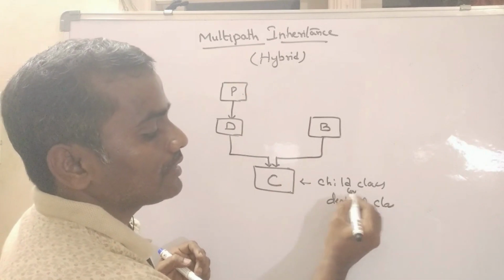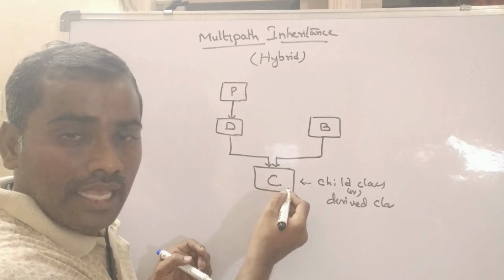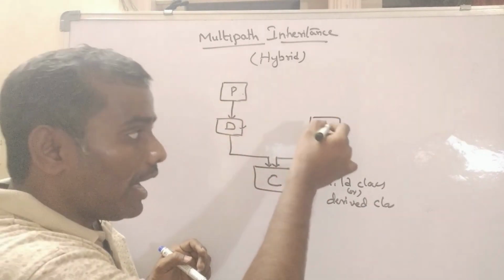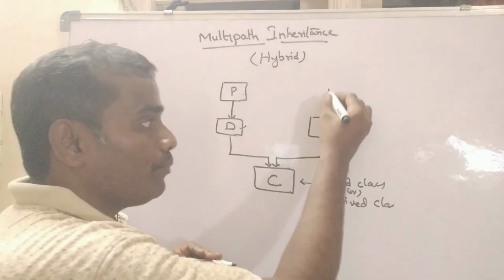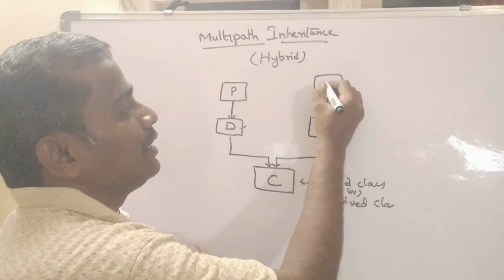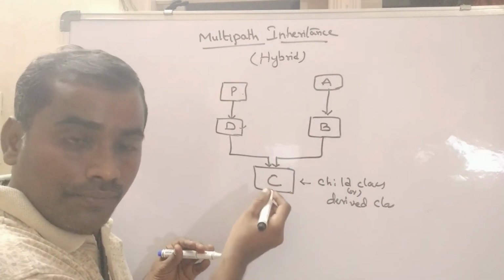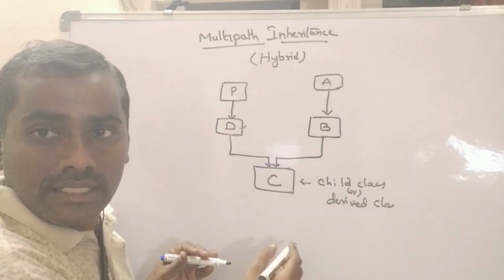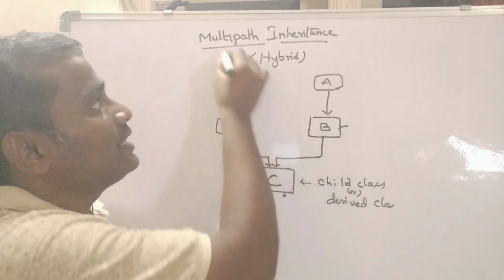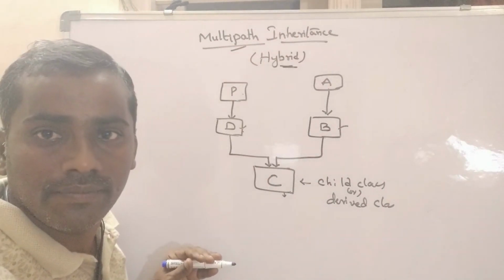I can derive the child class from an already derived class and one parent class, sometimes also from the derived class. Suppose it is class A. Now we can derive a new class from two derived classes. We can derive one new class from two derived classes, which is called hybrid or multipath inheritance.